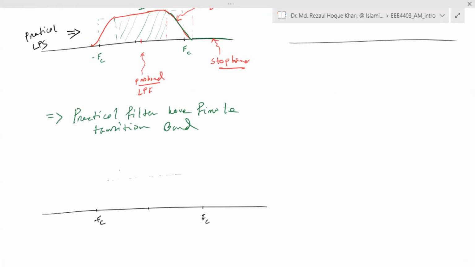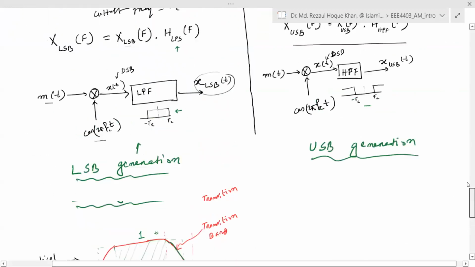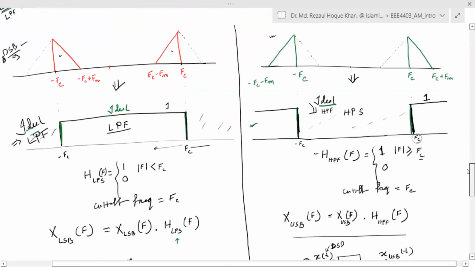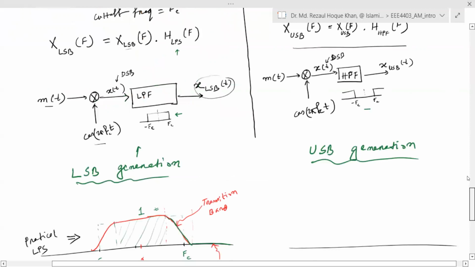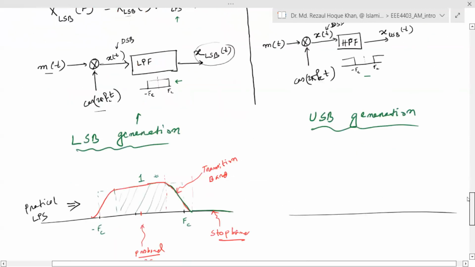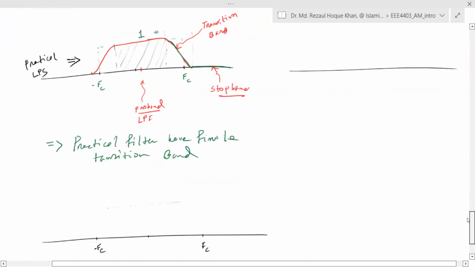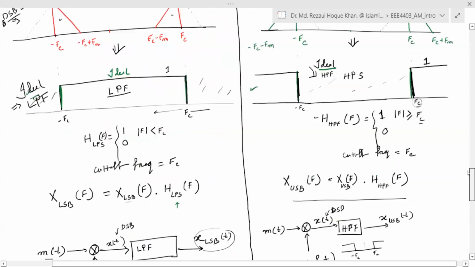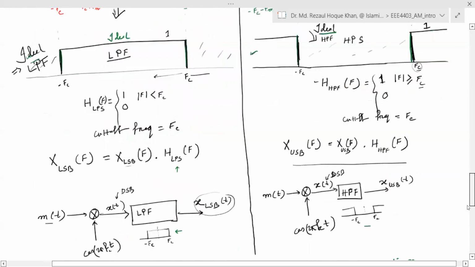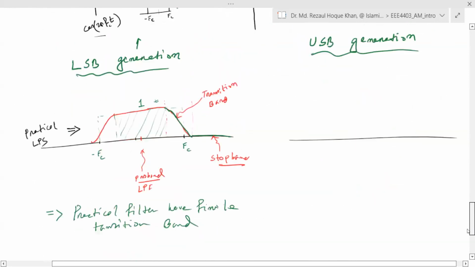This is for LSB. So I'm drawing this part, LSB, lower sideband. Here we can see FC is here. Let us draw in the same axis so it will be easier to understand.